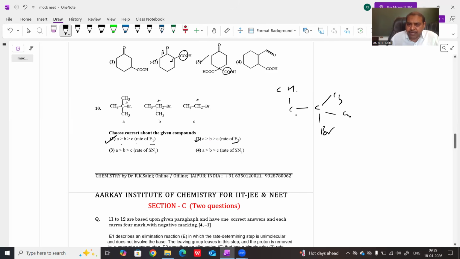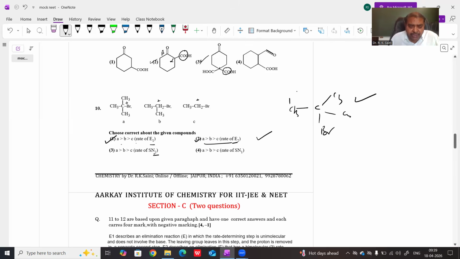Therefore, for alkene character, tertiary alkyl halide gives maximum yield because tertiary alkene is more stable. Therefore, this option is also correct for E2.